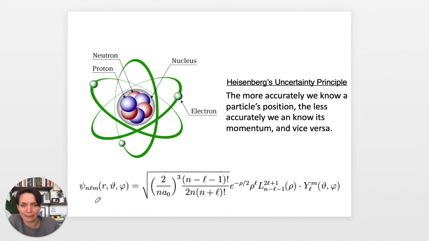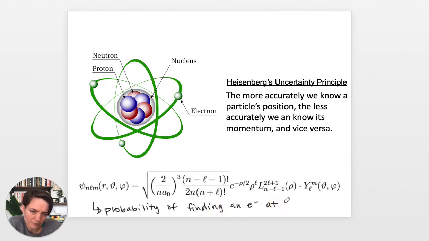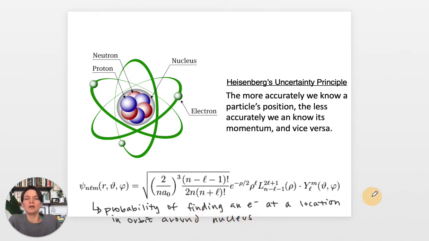So this is describing the probability of finding an electron. Okay, so moving forward, what we're really going to be talking about is the probability of finding an electron in a certain area in orbit around the nucleus.